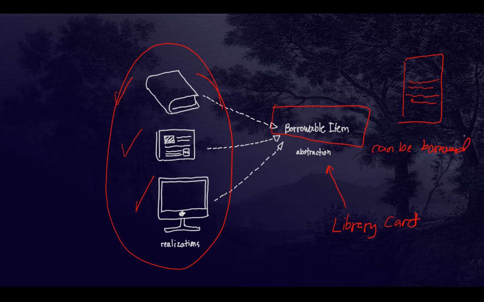These are the requirements for borrowable items. They can be borrowed and they can be returned. So what we know is that these borrowable items can be interacted with through these transactions, borrowing and returning. So you imagine this borrowable item would contain skeletons for the methods borrow and return.